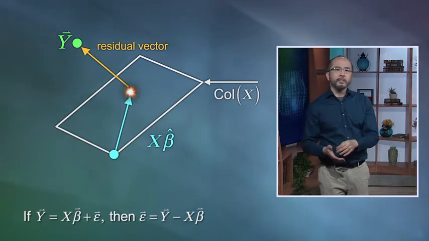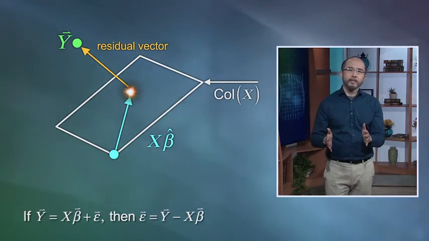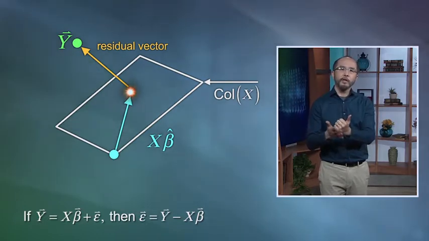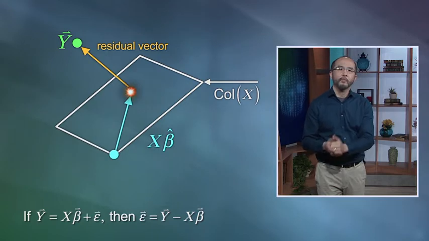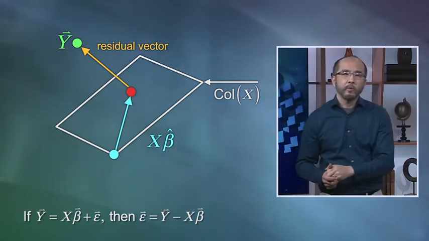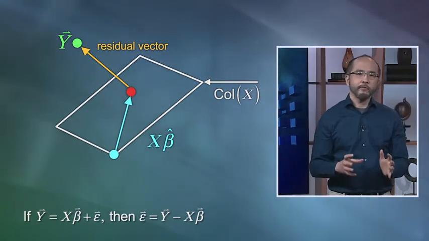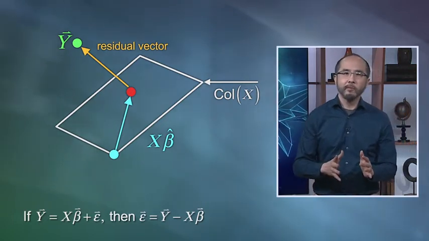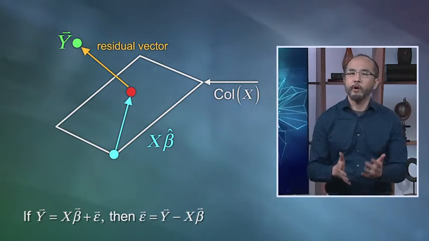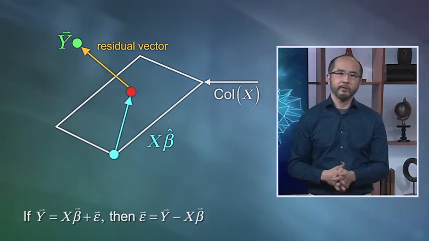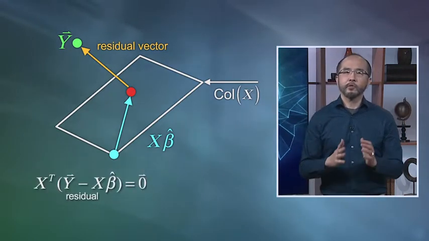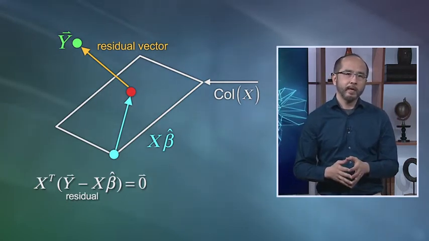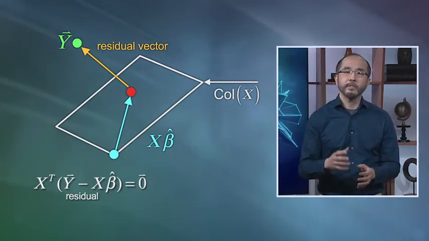Since the subspace is the column space of X, this means the residual vector should be perpendicular to all the columns of X. One way to demand that the residual vector is perpendicular to all the columns of X is to demand that it be perpendicular to all the rows of X transpose. So X transpose times the residual vector, y minus x times beta hat, should equal the zero vector.